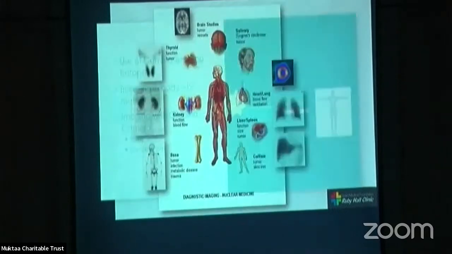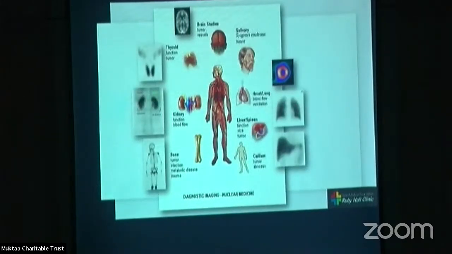Next slide, please. Now, if you see, I have shown anatomical organs. What we inject will show the function of these organs. In the left corner, it's the brain, the function inside the brain. On the left hand side, a thyroid is seen.